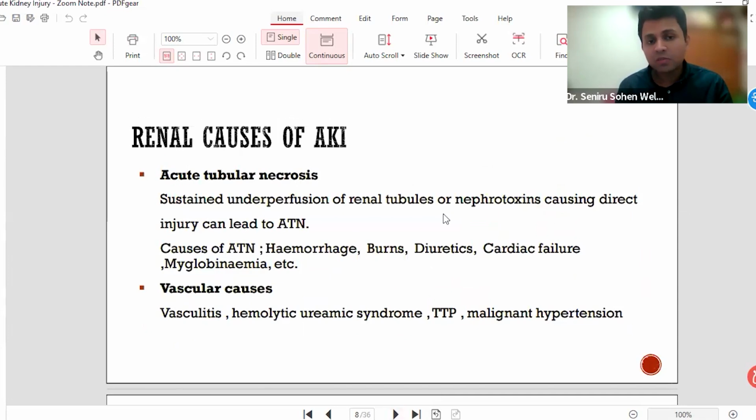Renal main cause would be acute tubular necrosis because severe pre-renal AKI can go into acute tubular necrosis, or you can have acute tubular necrosis from the outset, like in these conditions, as well as when the patient is on nephrotoxins. Vascular causes would involve small vessel problems as well as large vessel problems.